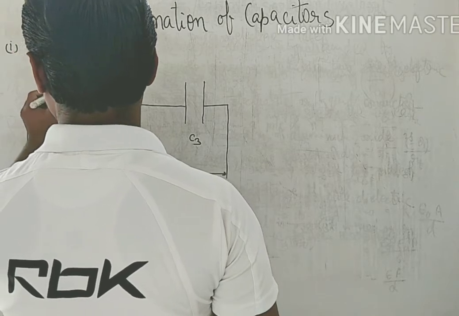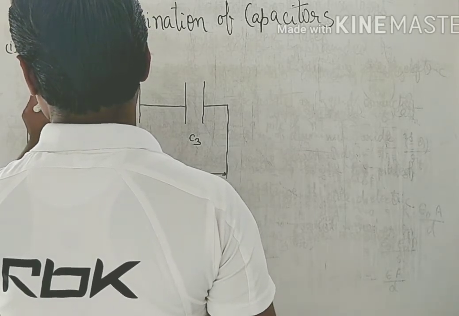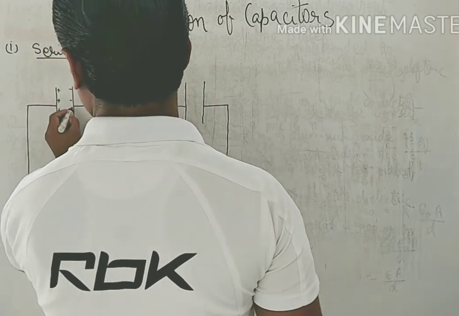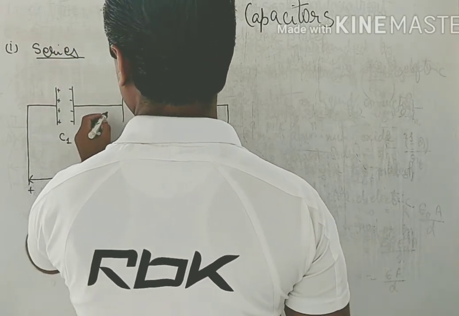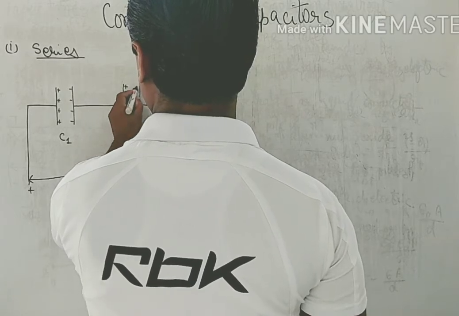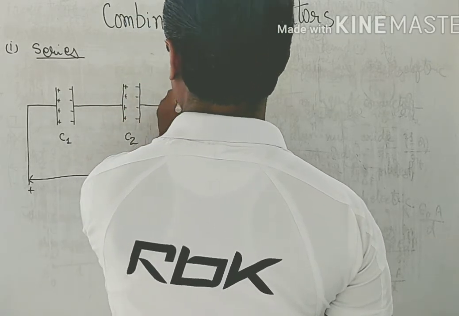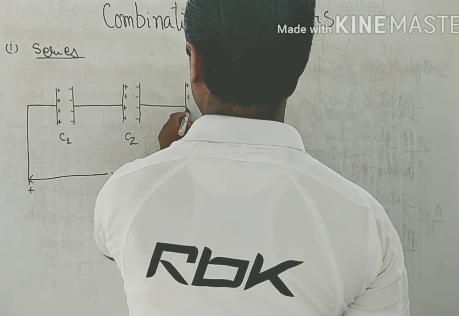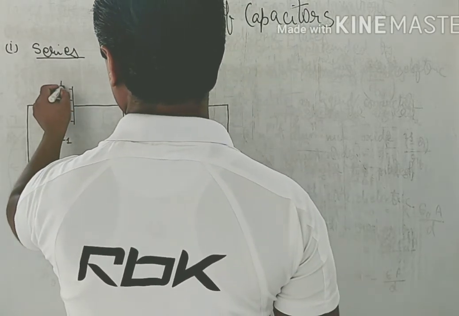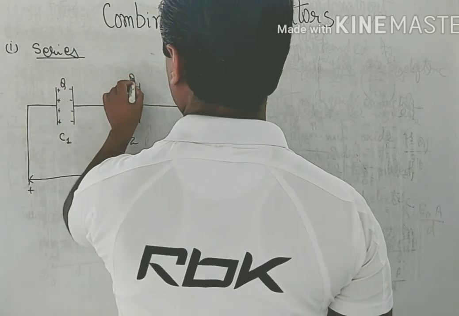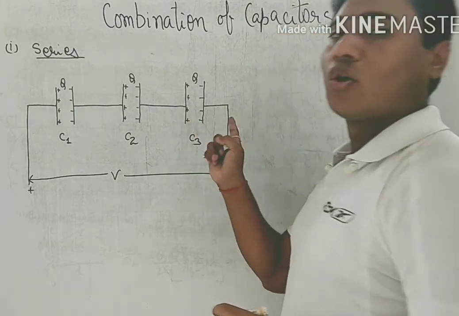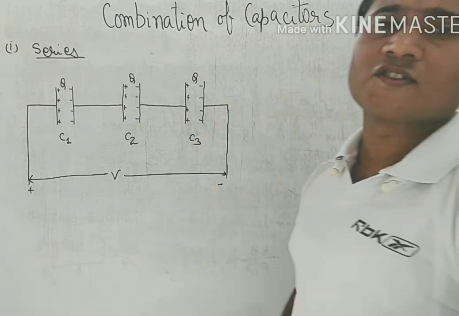So on this, positive charges are here and negative will be subsequently induced here. And here also positive and negative. So this way the capacitors will be charged, but here the charge stored will remain the same in all. This is the condition of series combination.